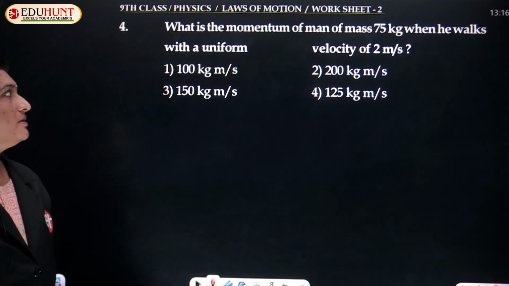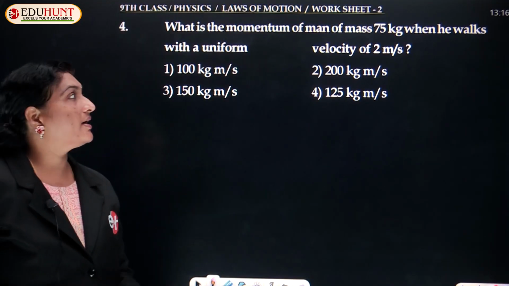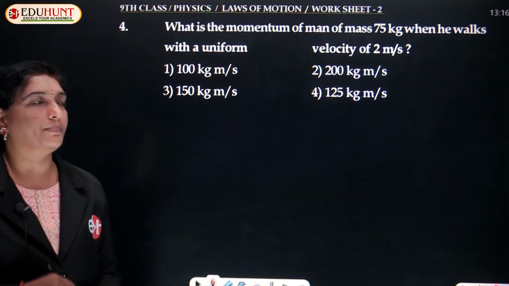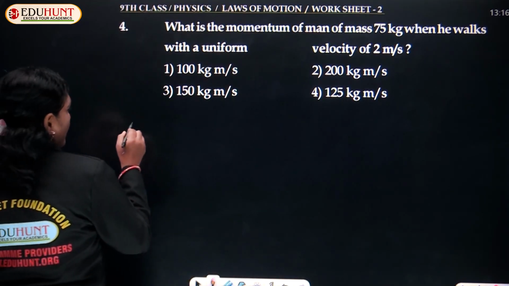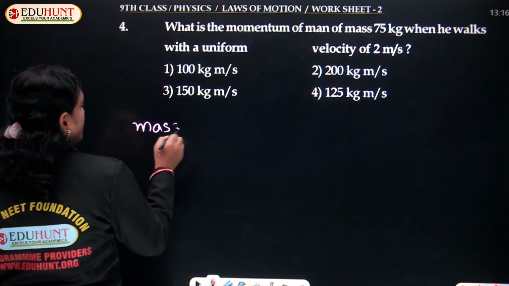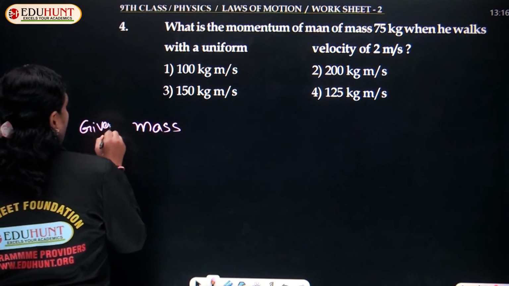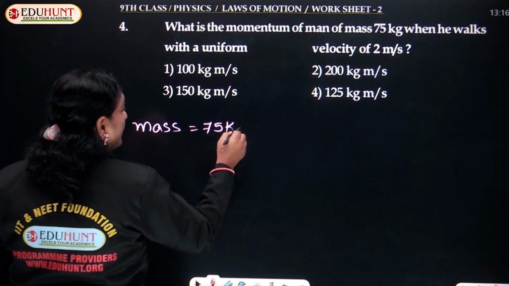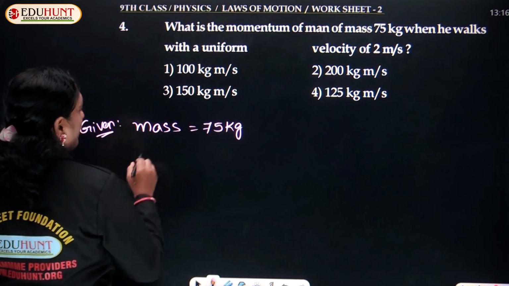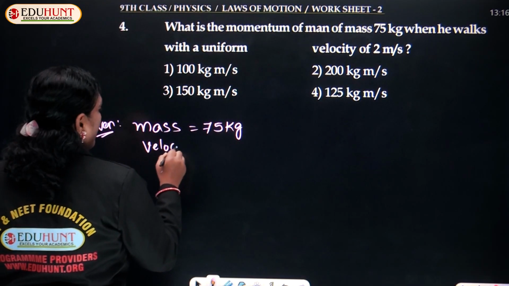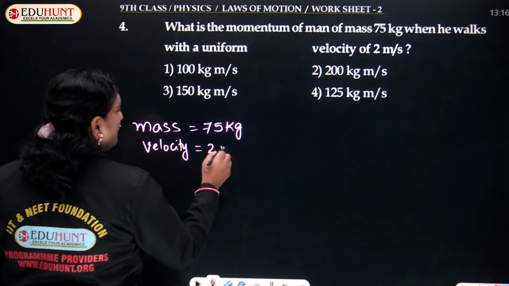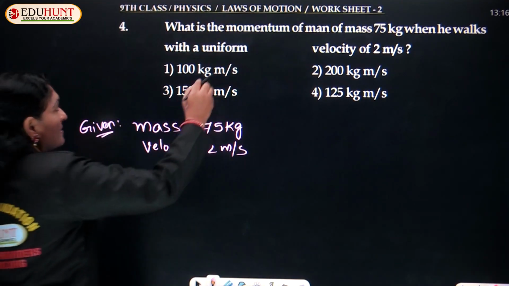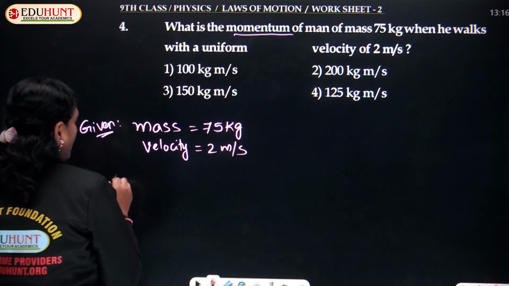What is the momentum of a man of mass 75 kg when he walks with a uniform velocity of 2 meter per second? So, what is the given data children? Given mass of the man as 75 kg, velocity of the man as 2 meter per second. So, mass is given and velocity is given, and you are asked to find out the momentum of the man.